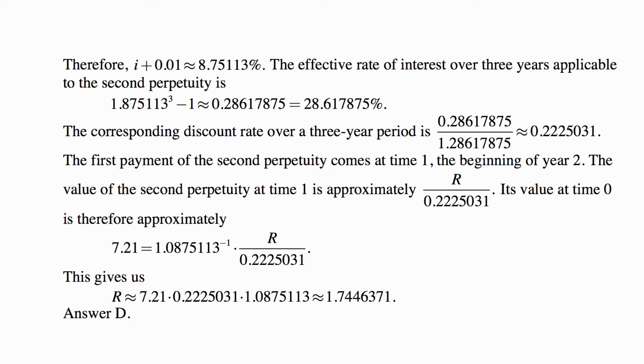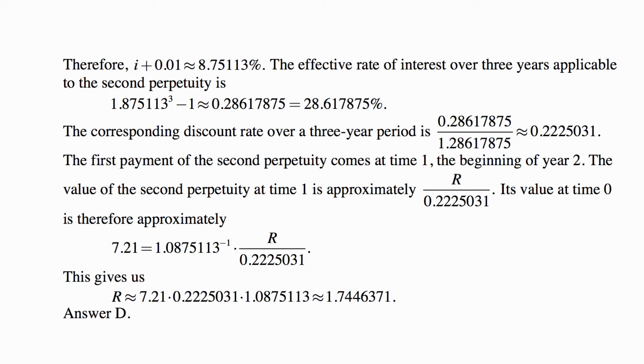The value of the second perpetuity at time 1 is the present value of a perpetuity due with annual payment of R. Well, not annual, triannual, but if we treat the 3 years as the unit of time, then it's payment of R per period, and the discount rate applicable to that period is that 22.25%. So R divided by that d is the present value of that perpetuity.